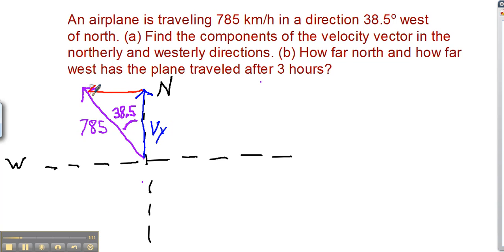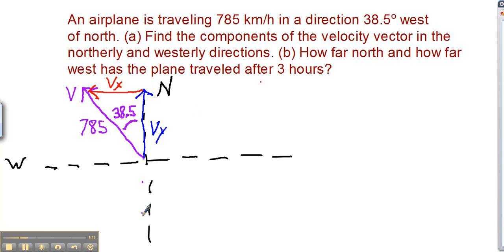Notice that if you put the velocity in the y and the velocity in the x together, you get the total velocity, the purple one over here, v. So we have to break it down into these two separate things: how fast you're going north and how fast you're going west.